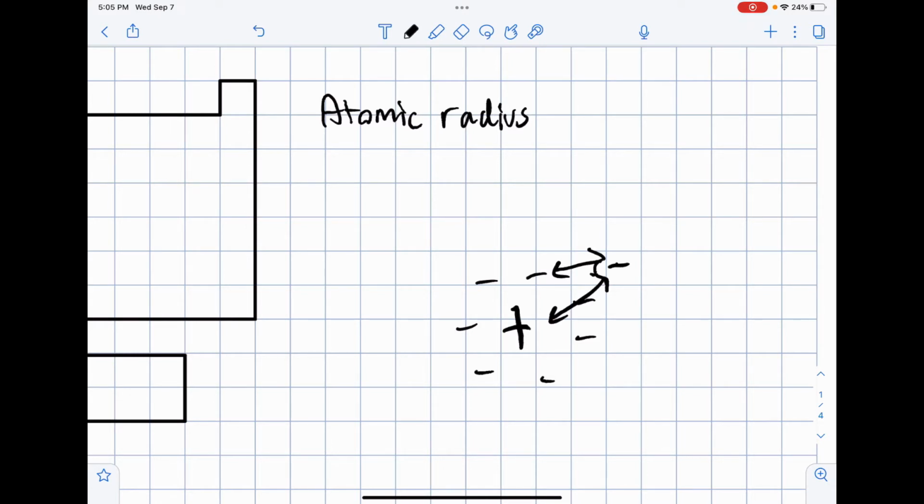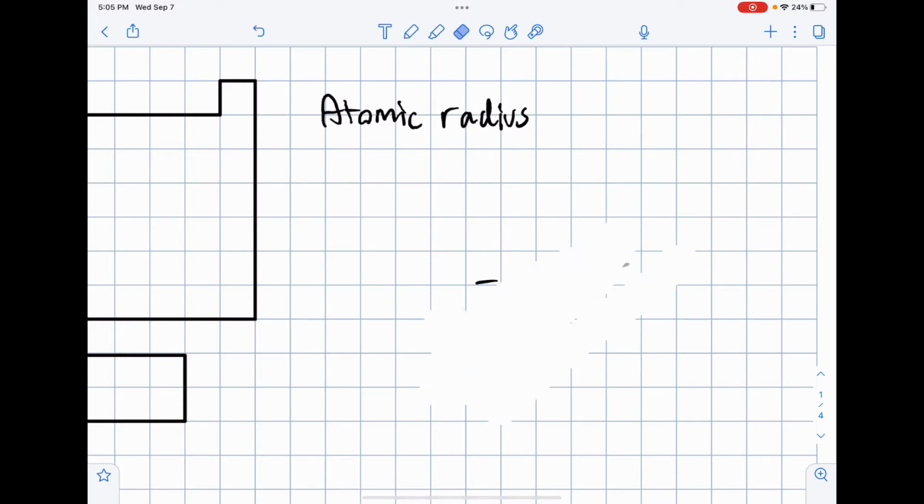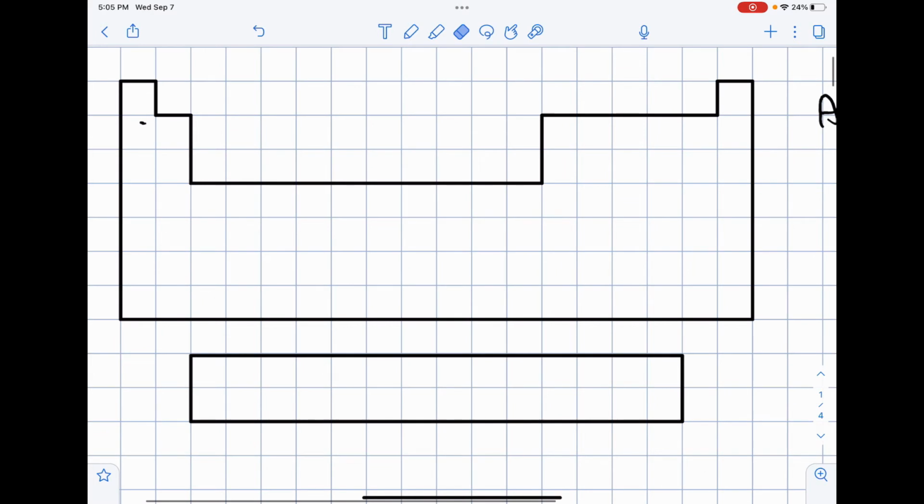If you have more electrons on the inside, then the valence electrons, which are the outermost ones and determine the radius, are going to experience not only attraction toward the nucleus, but repulsion away from it. So the general trend is that down here we have big atoms, and up here we have small atoms.